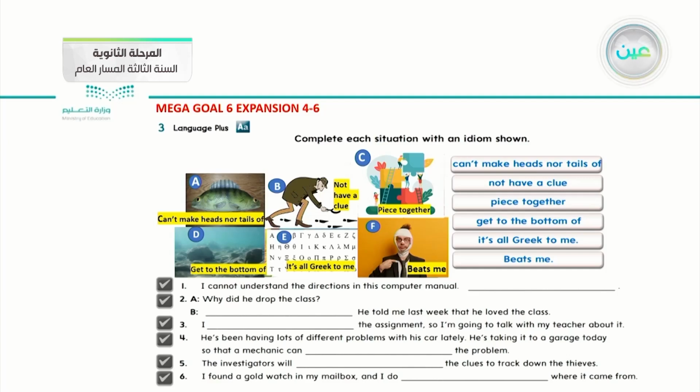Okay, after that we have some sentences or idioms. We should apply those idioms with a suitable sentence below that question. Let us discuss it.